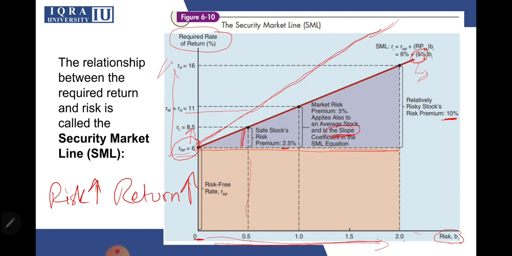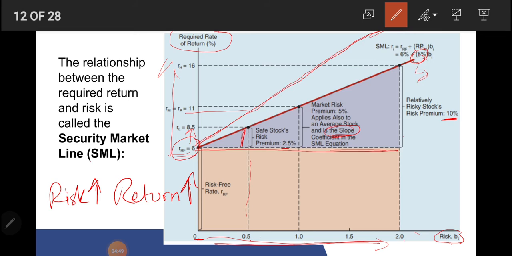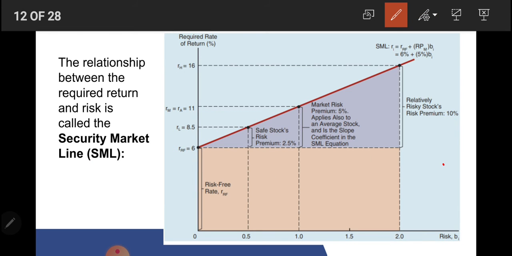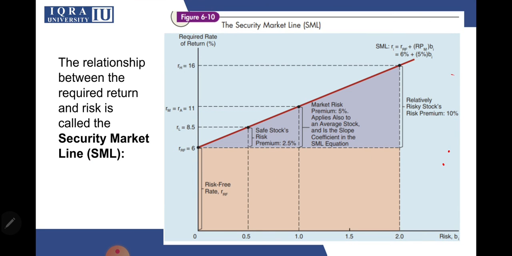So we will discuss this later on once we're discussing the impact that changes in risk aversion have on the SML. Right now what you need to understand is that the slope, which is your market risk premium, tells you about the degree of risk aversion in the economy.